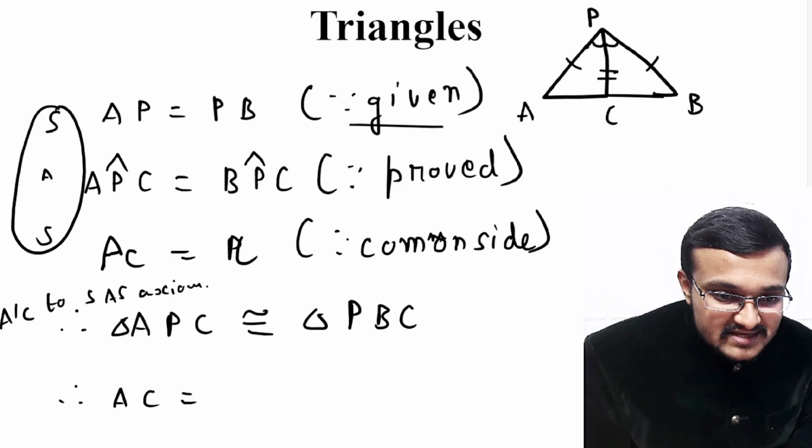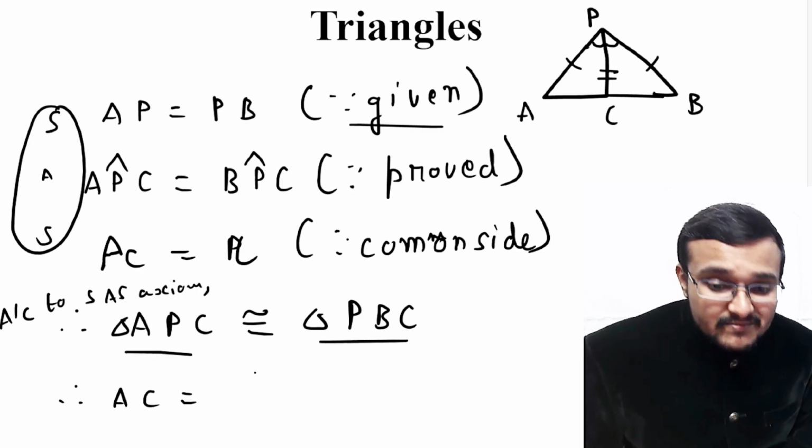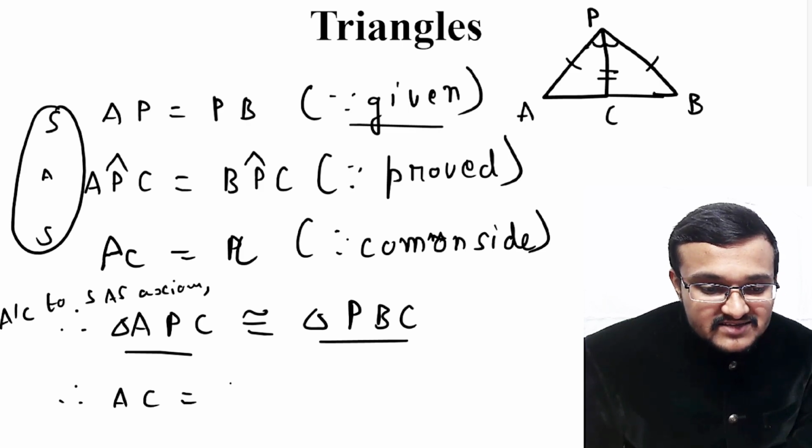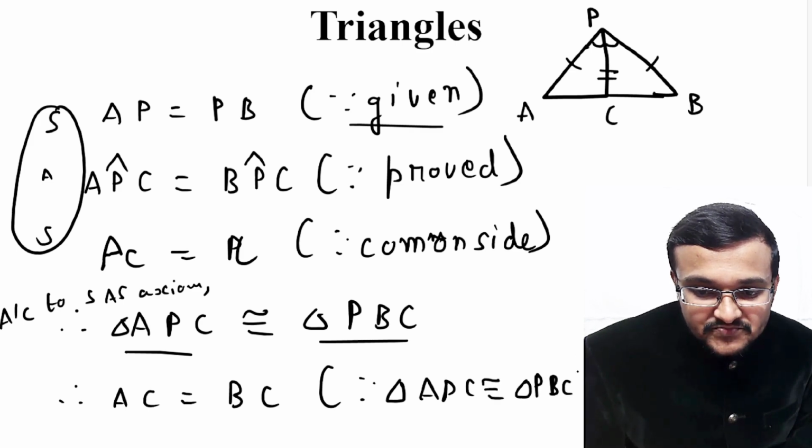So according to the SAS axiom, triangle APC is congruent with triangle PBC, and here AC will be equal to BC since triangle APC is congruent with triangle PBC.